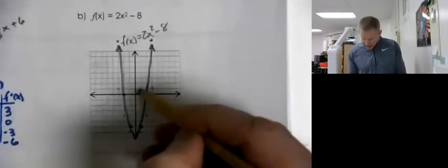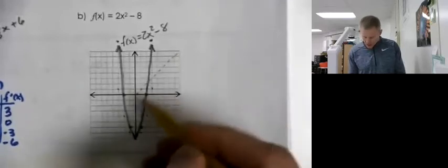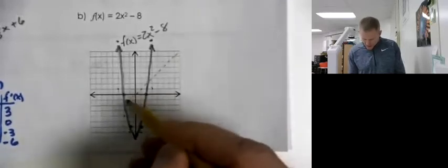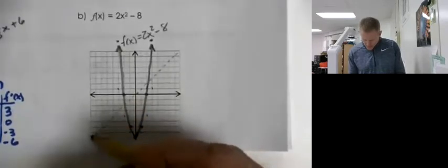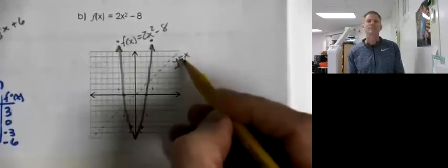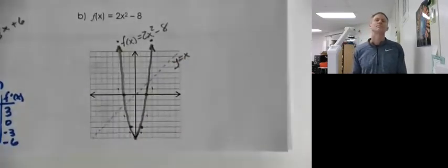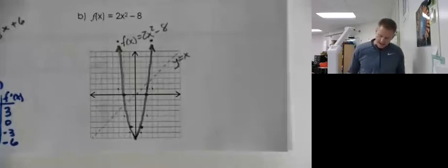So then we can look at our y equals x. So now we want to take our points and reflect over that line.